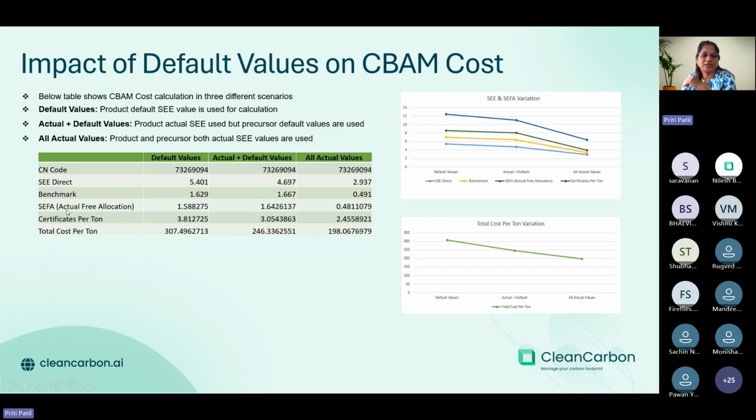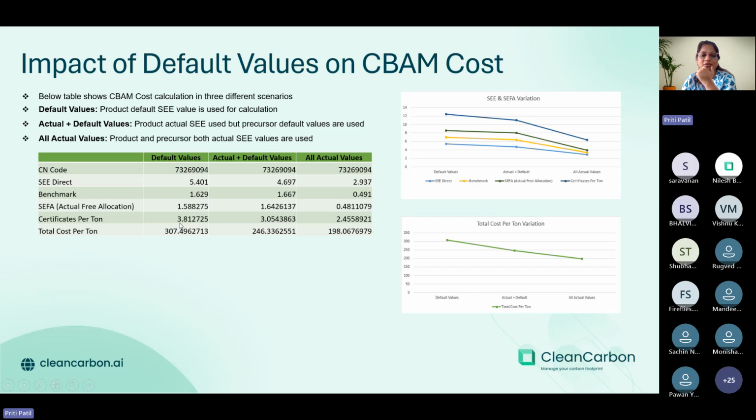Now, based upon this CEFA, if we calculate the number of certificates per ton, it comes to 3.815. When you calculate the number of certificates per ton, you subtract this number from this. Okay, so this number is very high. This number is much lower, 2.9 actual number. So that's why you can see the difference here.